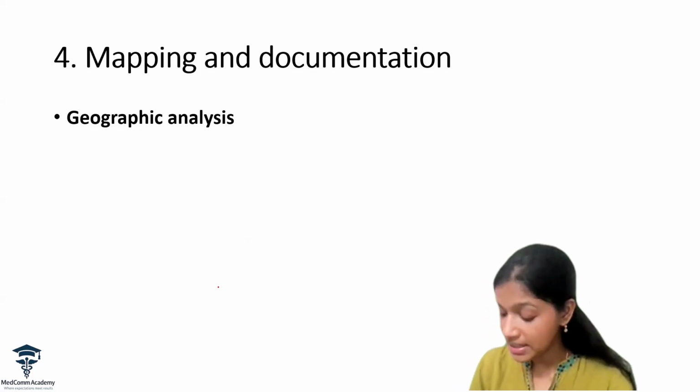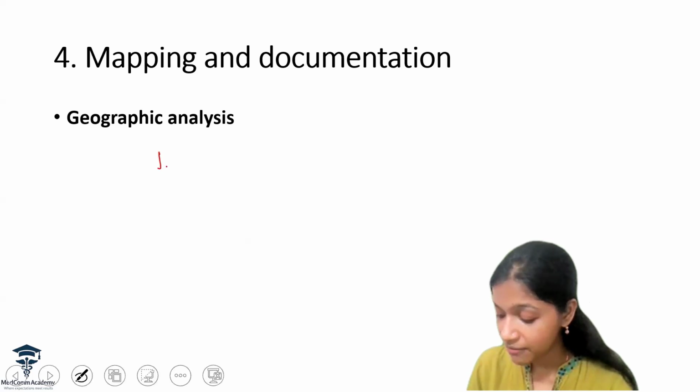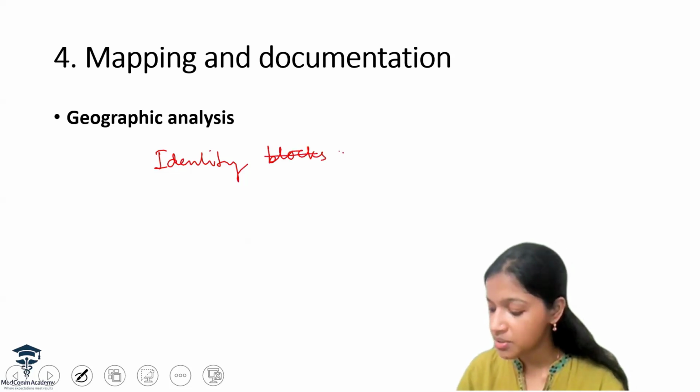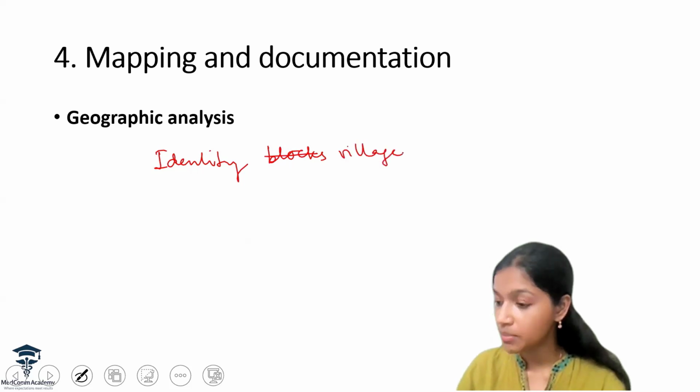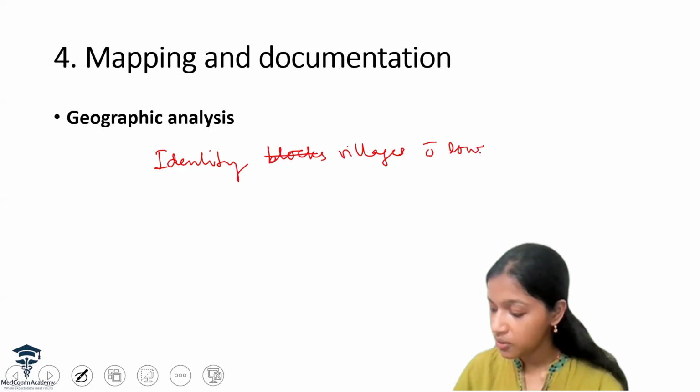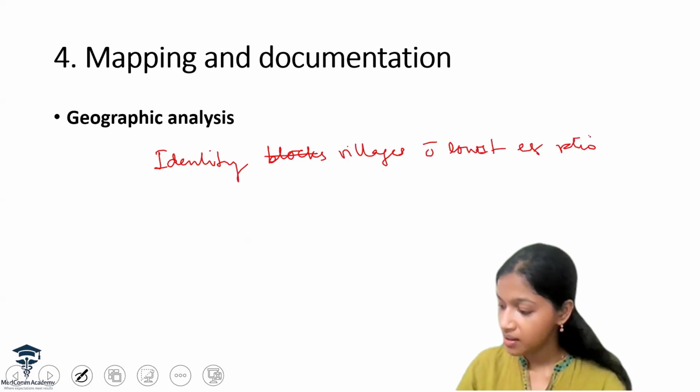So these points need to be noted. First point is to identify villages, not blocks, it should be villages because he's a block medical officer, right? Villages with the lowest sex ratio.